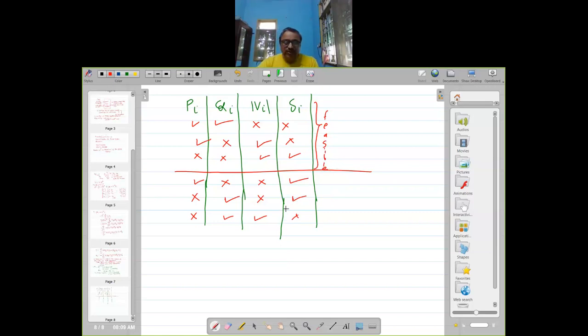Why do I call it feasible? Because it must be a realistic combination also. Take for example the first one I have listed. This is the most common configuration, where we know the load at a particular bus.